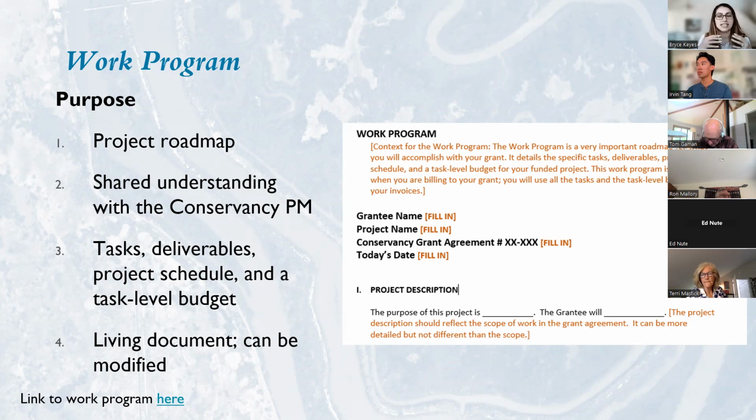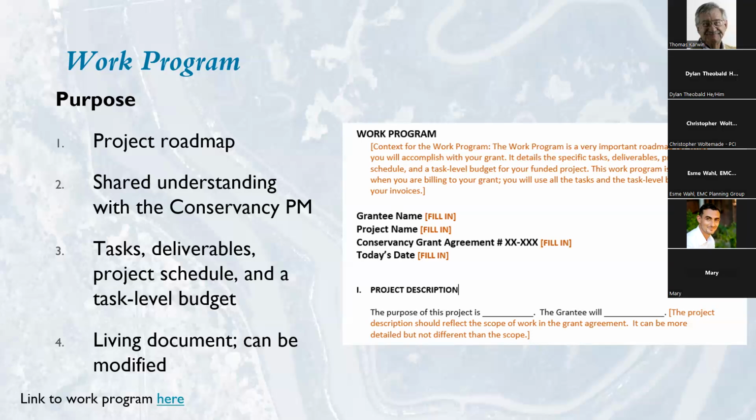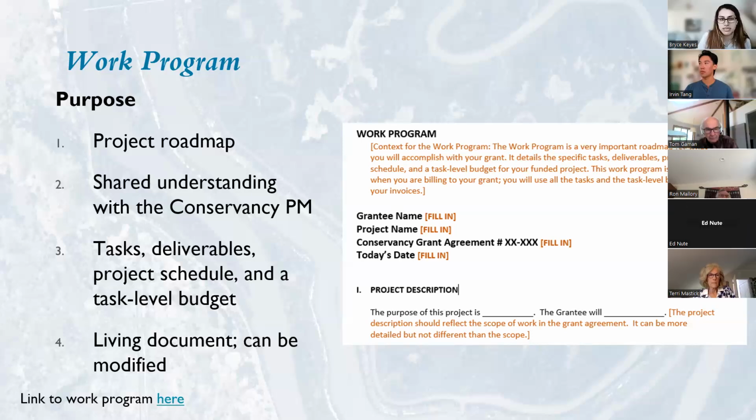So it's any kind of grant management for that first task. The second task is generally project preparation. This can be sending out announcements for a community engagement workshop. It could be going to the site and doing any site visits before you actually start construction. And then the third task is generally implementation.